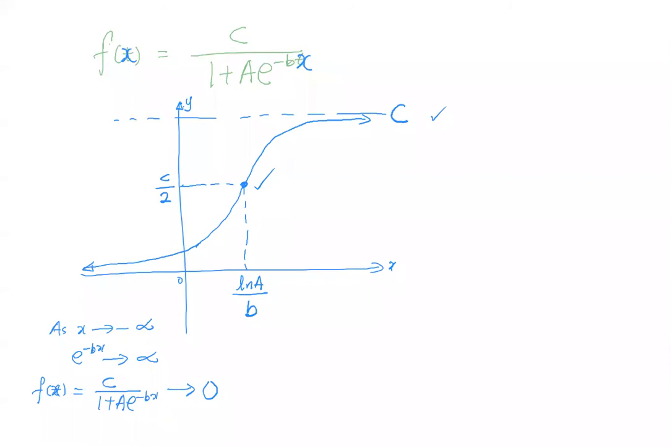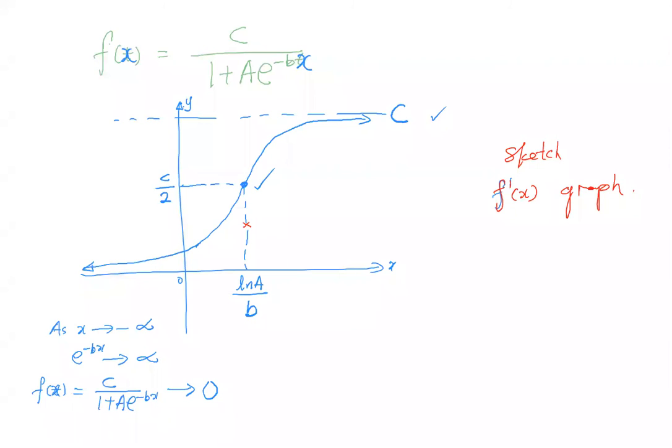Can you from here sketch the f prime x graph? You see how the graph is supposed to look? A bump. Is it like a hump and then it flattens? So this is the highest point, correct?